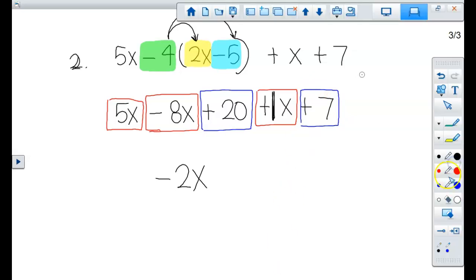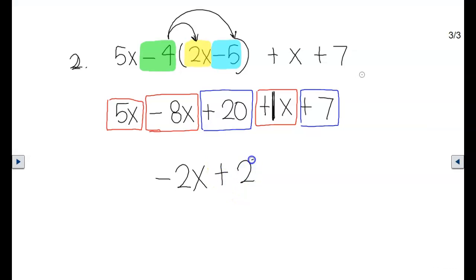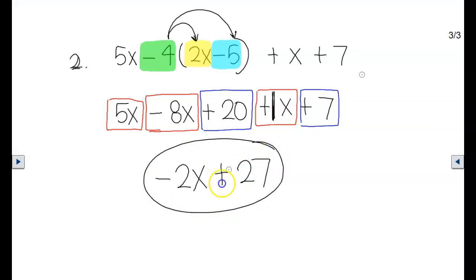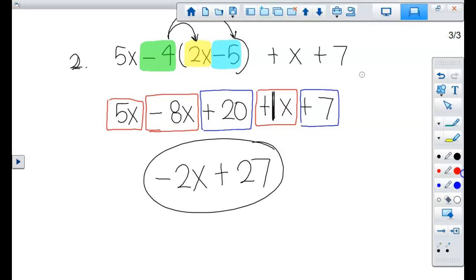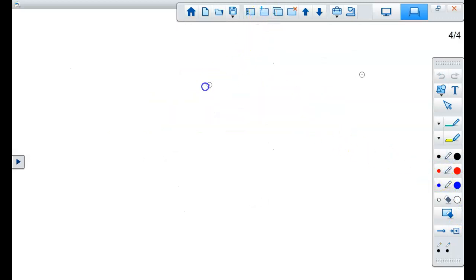So those two that I just put blue boxes around are like terms we're going to combine. Positive 20 plus 7, positive 27. So negative 2x plus 27. Distribute, combine like terms. We've done this all week.